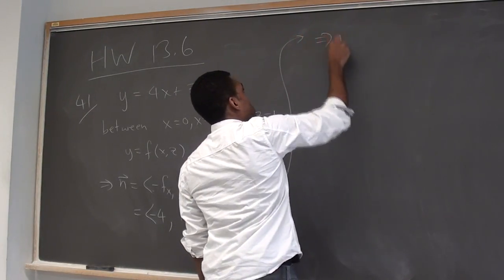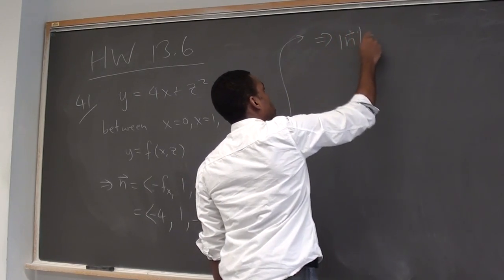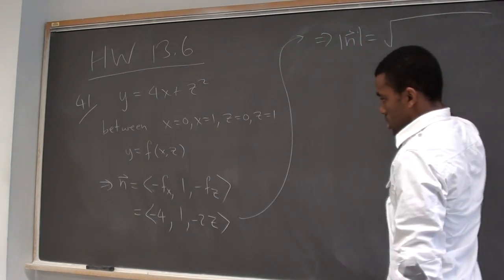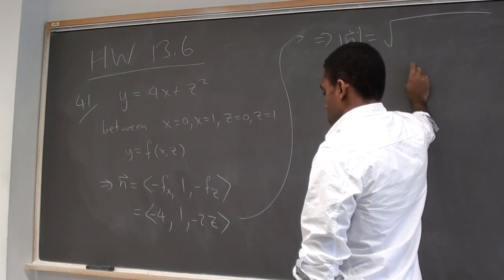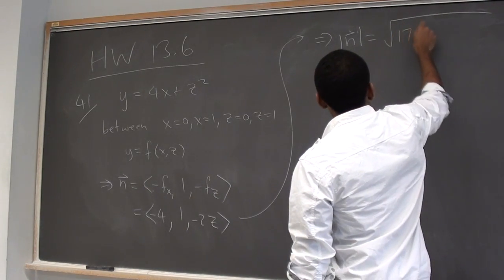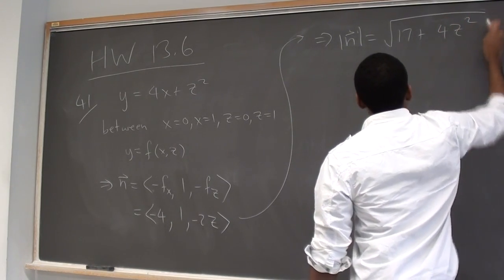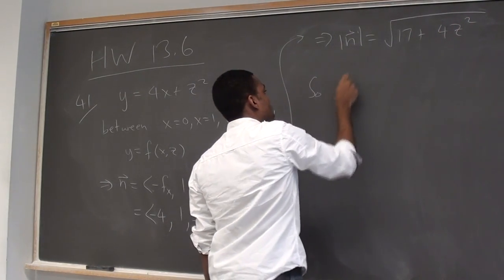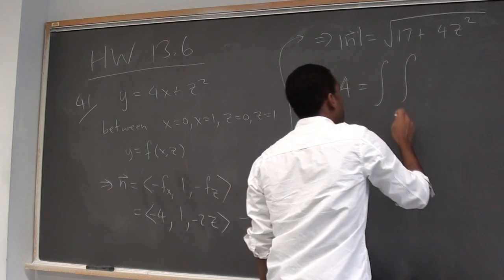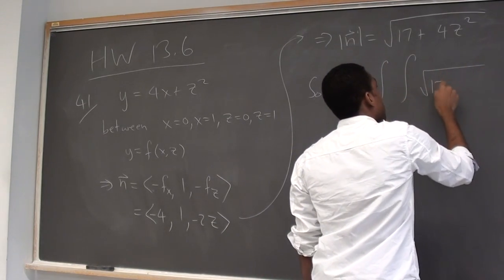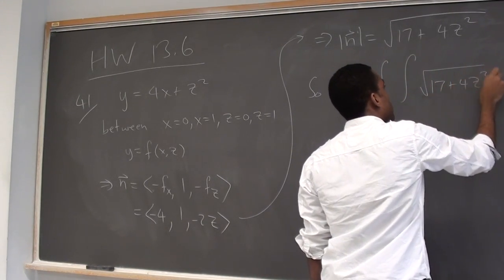So this implies the magnitude of the normal is radical of 17 plus 4z squared. So the area is going to be equal to the double integral of radical 17 plus 4z squared.